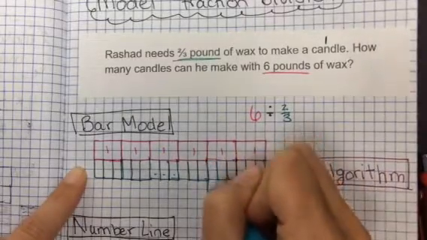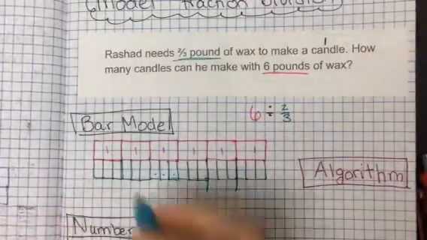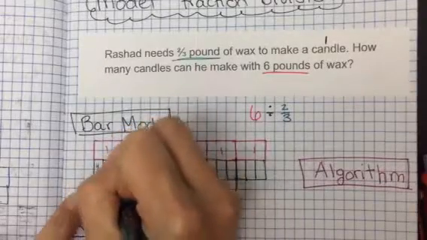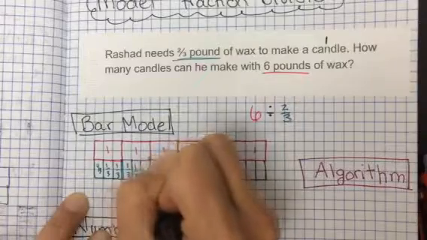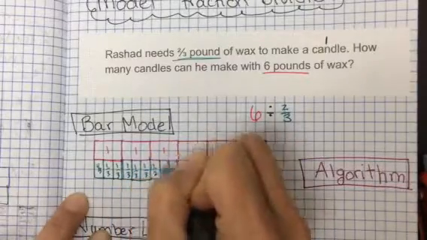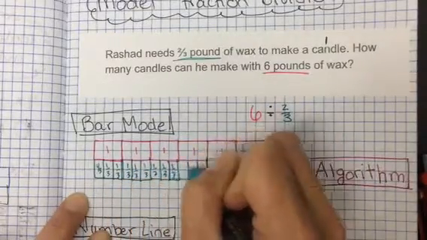There's my wholes. And now that I've got my 1/3, I'm going to label that. That way I know. Make sure you're following along and doing this with me.